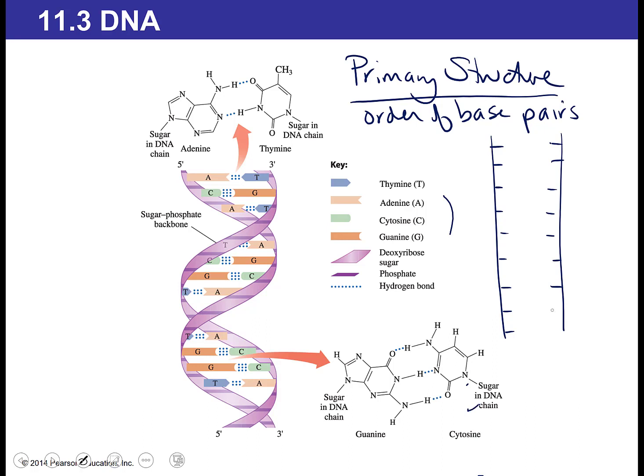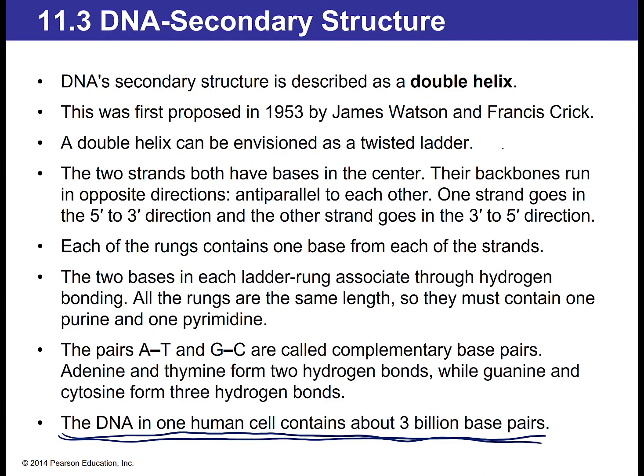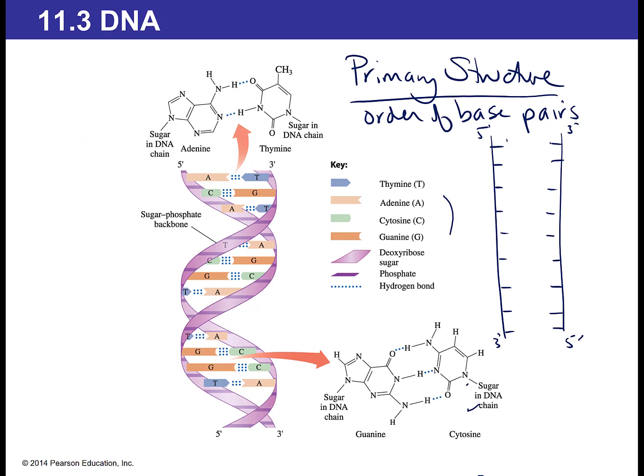Anytime you see A, every time you see an A, on the opposite side, you would see a T. Anytime you would see a C, on the opposite side, you'd see G. So you can just make a strand, just randomly adding them in.